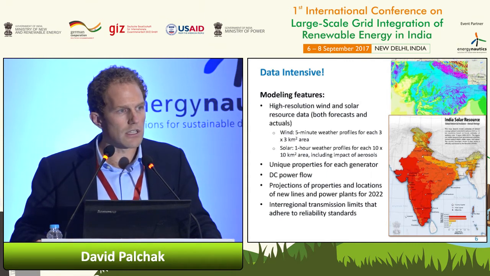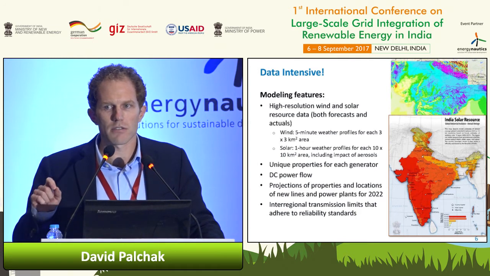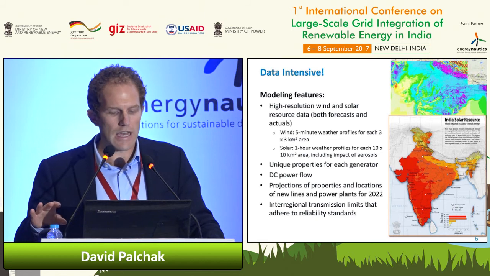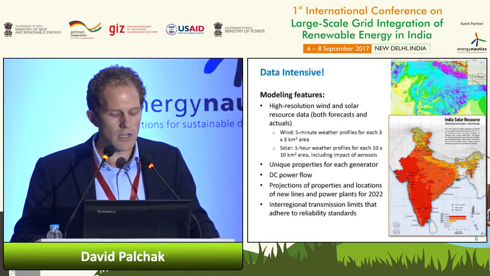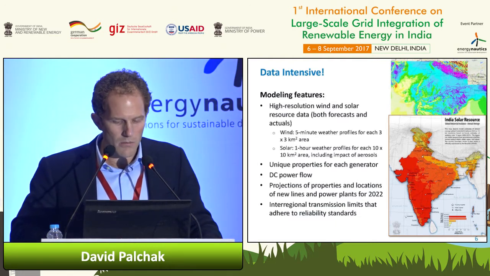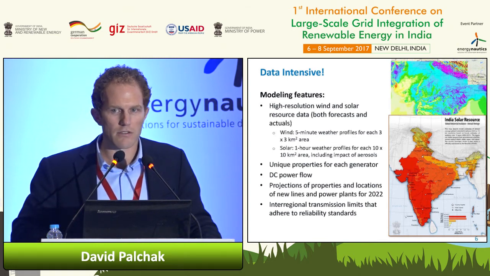We did a lot of modeling of the weather to make sure we captured all the variability of the wind and the solar on the system down to very small spatial granularity, as well as time variabilities that we wanted to capture. So the wind is captured at 5-minute variability, the solar at 1 hour, and there's everything else on the power system that we wanted to make sure we got as correct as possible.